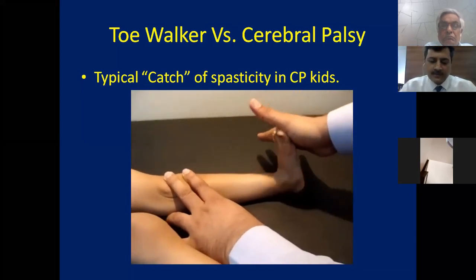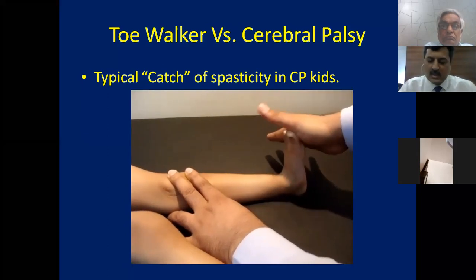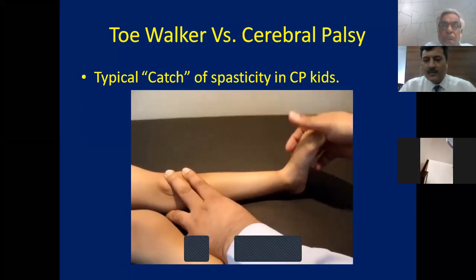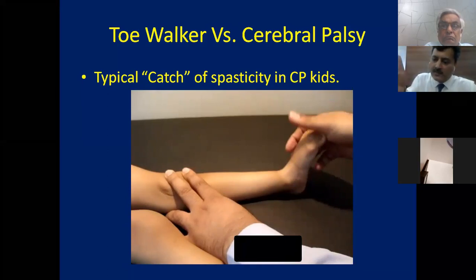So this jerk or this catch we find in patients with cerebral palsy. Just like a tremor, when you first apply a brisk stroke, that is the catch that we will find in patients with cerebral palsy related spasticity. We will not find it in an idiopathic toe walker.